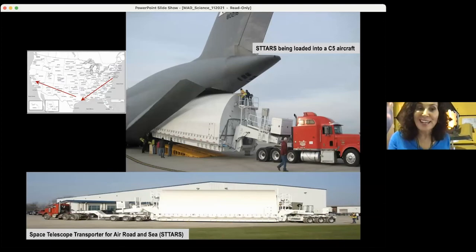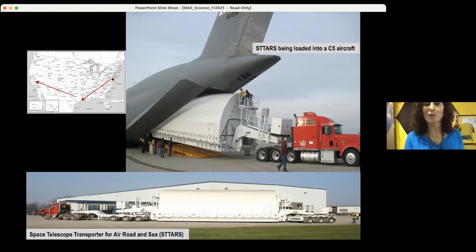A quick thing I wanted to say, another job that we need people for is how do we transport? How do we take this big telescope all around? And you can see it here. We have a special container, and that special container is driven on this special truck, and can go in the back of a military plane.